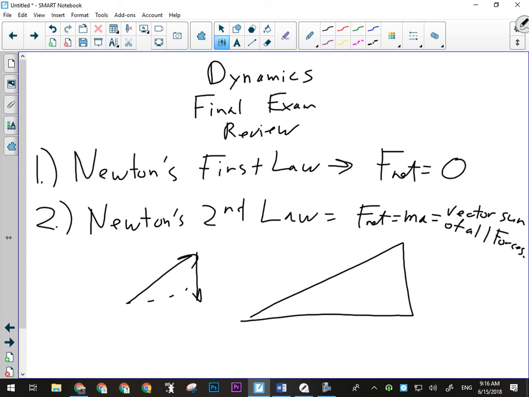So make sure that you've gone over many of the different situations that we have done. There is more than one problem on the final exam to do with Newton's second law. It's one of the few concepts that has more than one problem in the written response section. Not very many do. Newton's second law does.